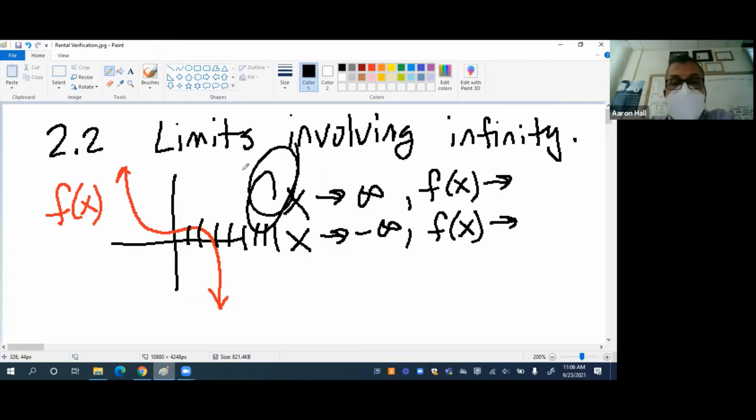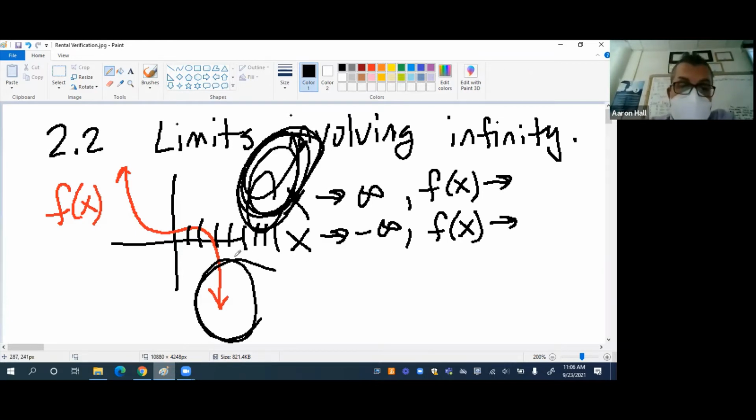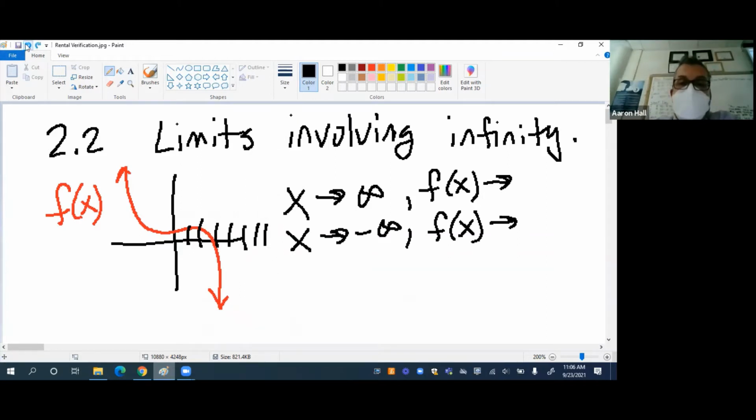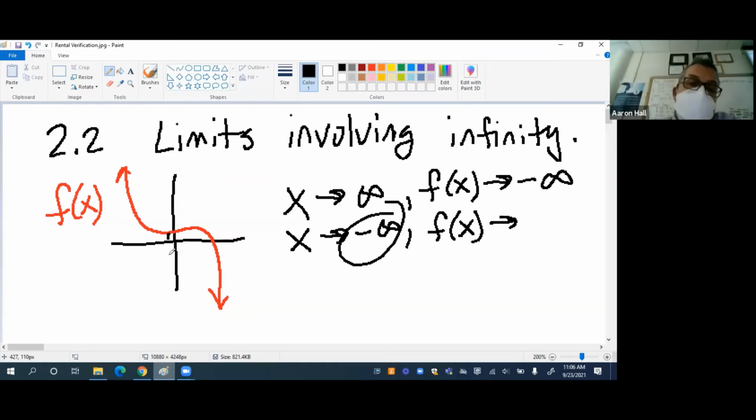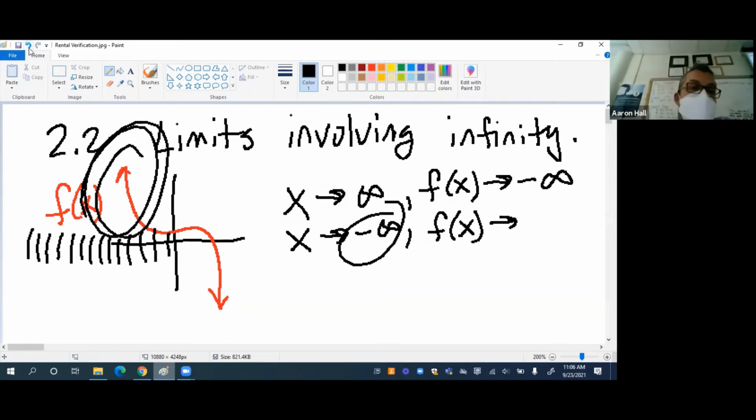It gets way smaller. It shoots off to negative infinity. So when x becomes really large, y becomes really small. What about when x becomes super, super small? Yeah, y becomes huge. It explodes to the upside.